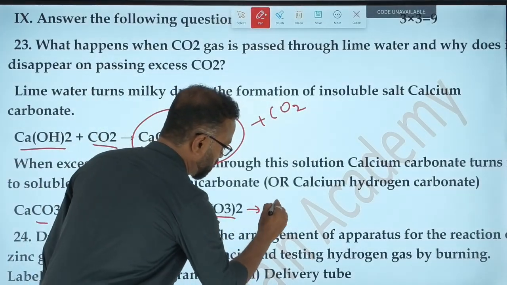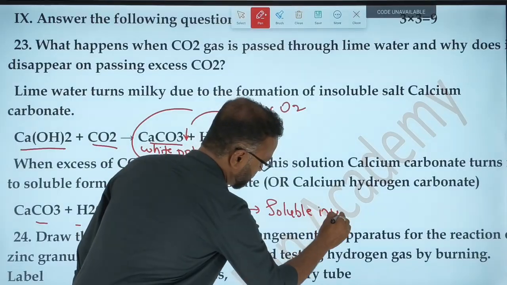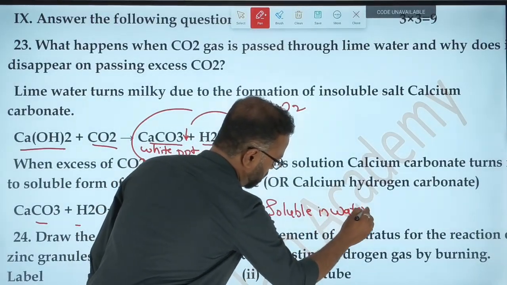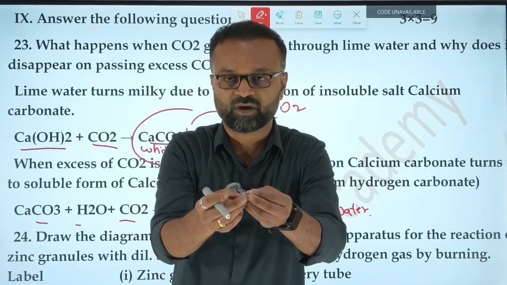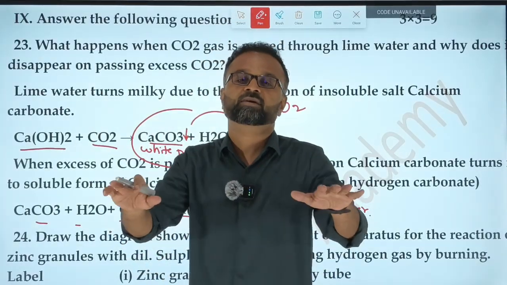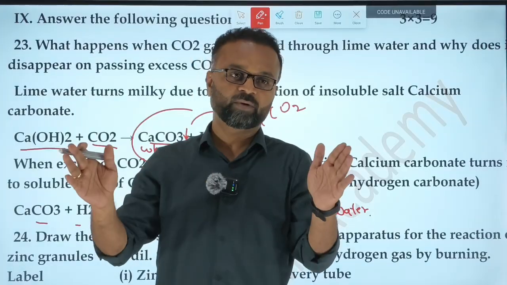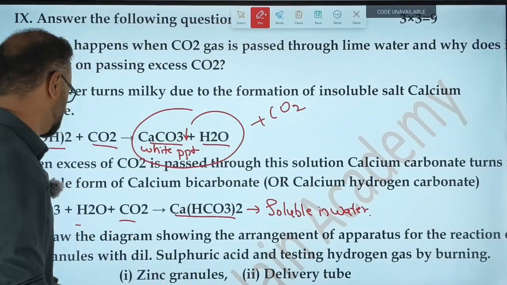This compound is, remember, soluble in water. Soluble in water or dissolves in water. That's the reason the insoluble white precipitate of calcium carbonate will disappear. The milkiness will fade away. Clear this concept? Very important question. Sometimes they ask this one.